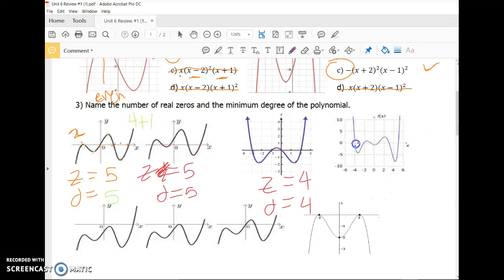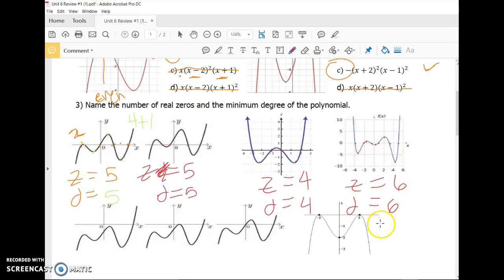This thing has 1, 2, 3, 4, 5, 6 zeros. And then it has 1, 2, 3, 4, 5. 5 plus 1 would be a 6th degree.